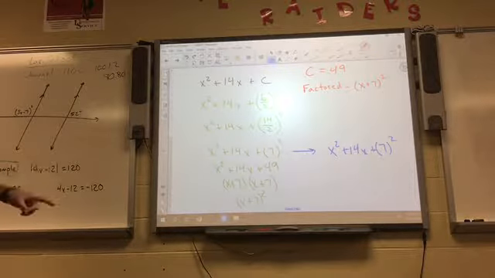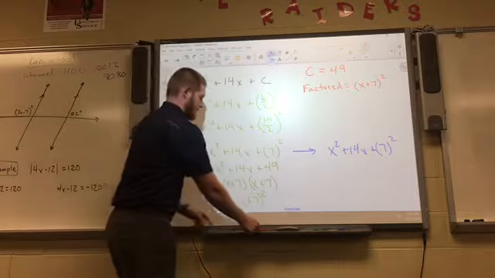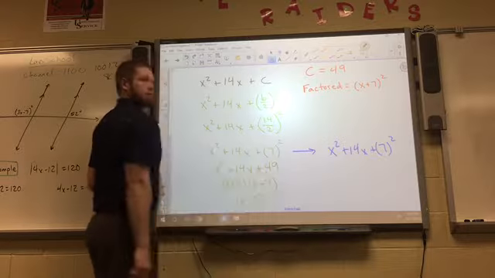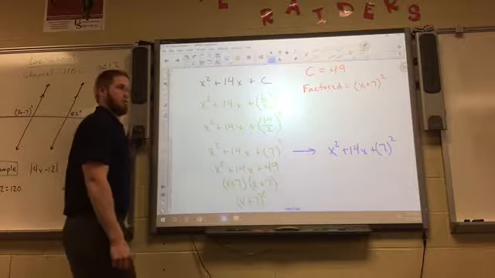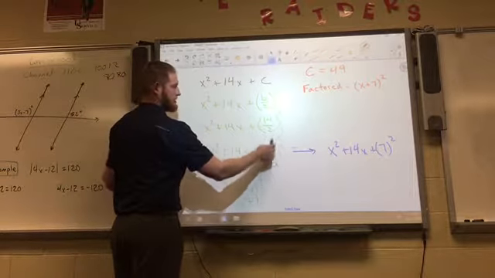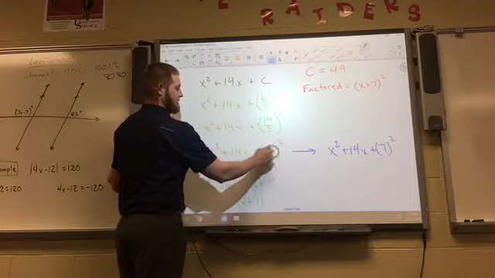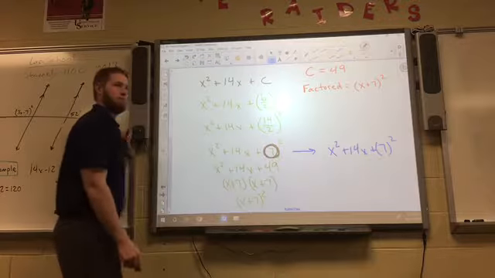Now, the shortcut that I want to show you. Notice, before I square this, everybody with me? Before I square this number, so I already divided by 2, but before I square it, it's a positive 7, right? Sure enough.